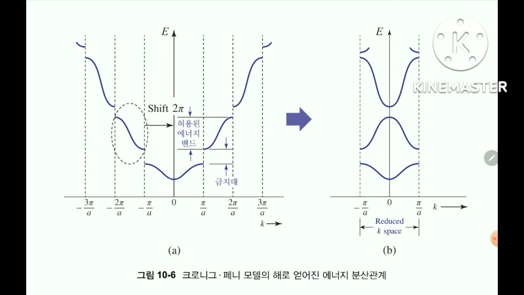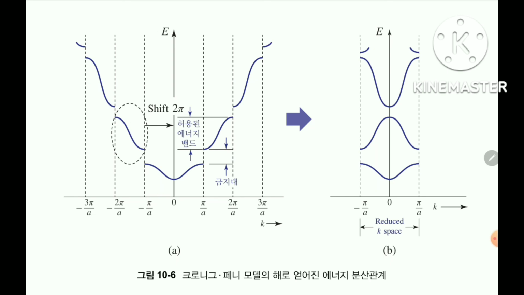We know that the left side is the extended zone scheme, but because there is a periodic lattice, a shift by 2 pi n is identical. Therefore, this energy band can be shifted by 2 pi.